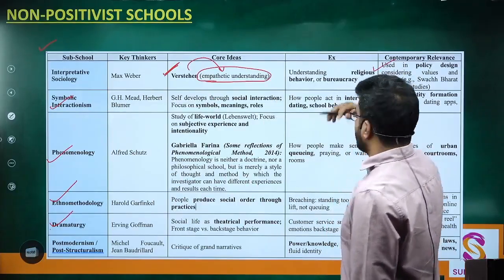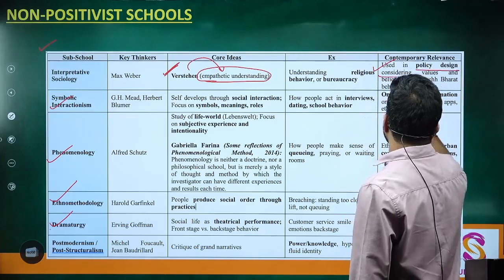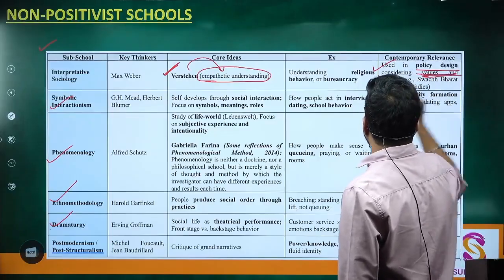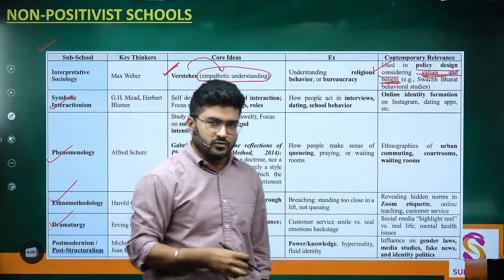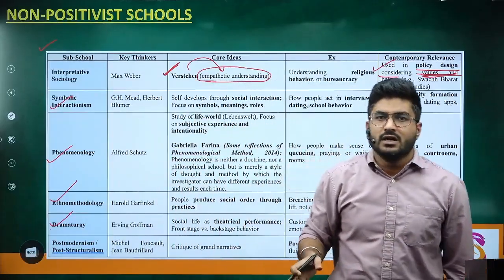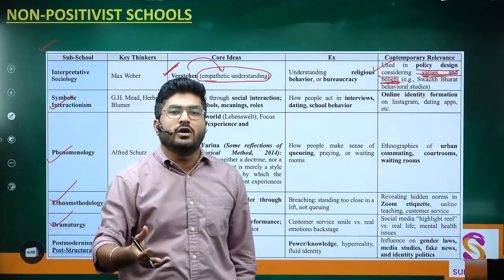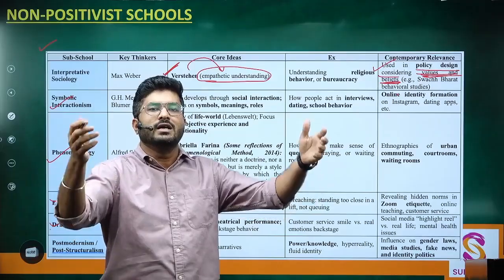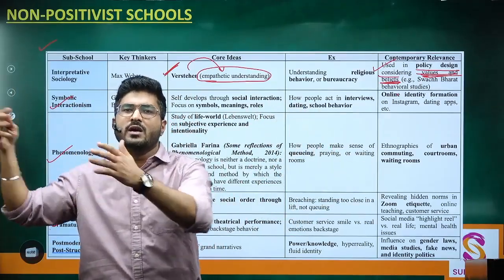So what can be the contemporary relevance of this? It can be used in policy design, considering the values and beliefs of the society. For example, Swachh Bharat Abhiyan, which I have given in my earlier class also. Earlier the Abhiyan was a failure, but the government thought that now we have to get into the shoes of the rural people to understand what meaning they perceive in these toilets which we have been making for them.